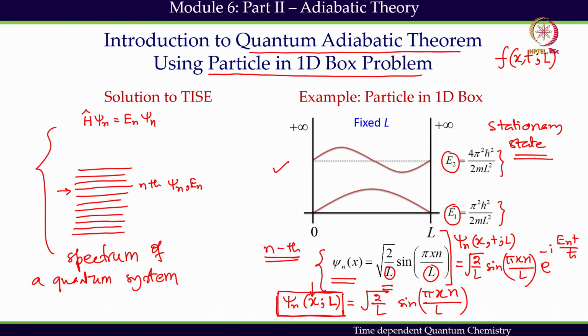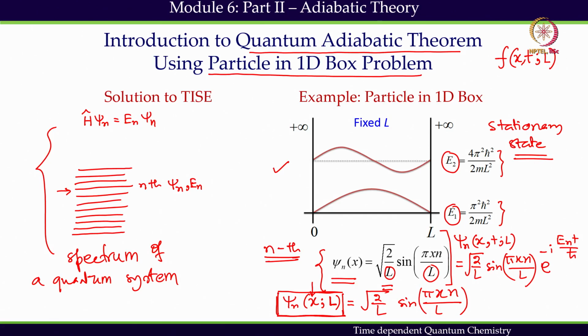We can maintain the notational accuracy with the help of this, where E n denotes the energy of the nth stationary state of the particle. So, what we see from this expression is that the time dependence comes entirely from this time dependent phase factor.